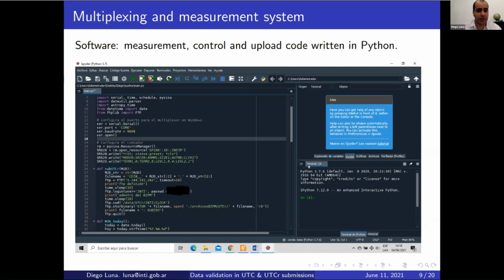So we coded everything in Python. The control and the reports are made using the code we wrote. It's quite simple. There are about 100 lines of code. If you need it, you can ask me and I can share it with you, no problem.